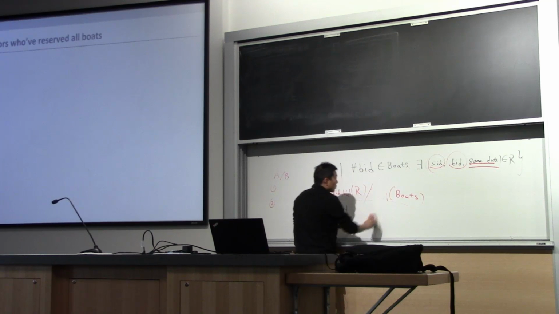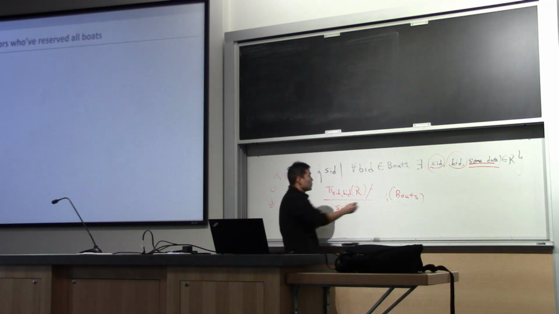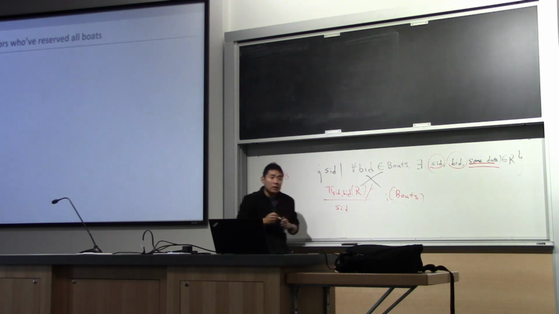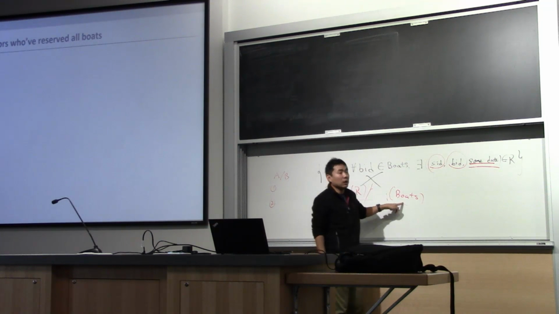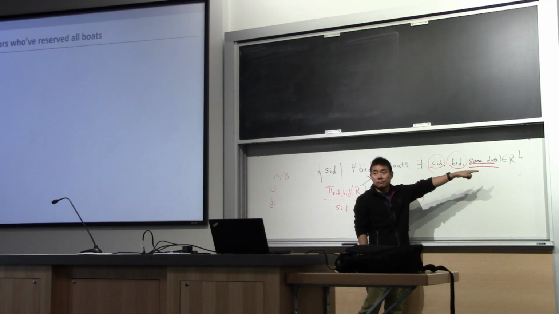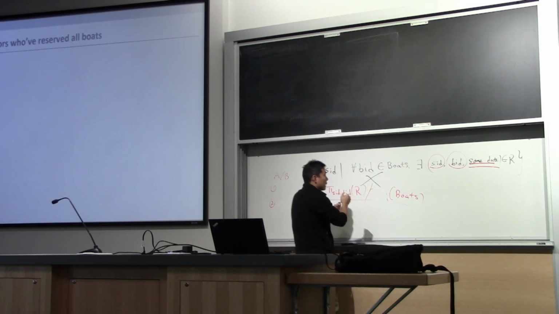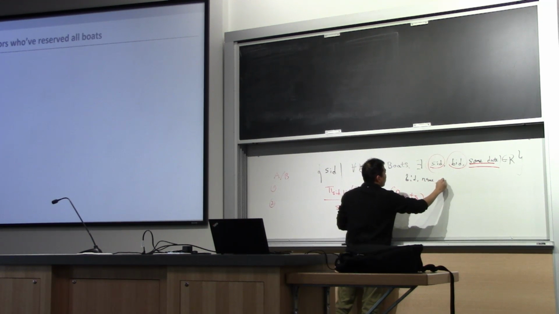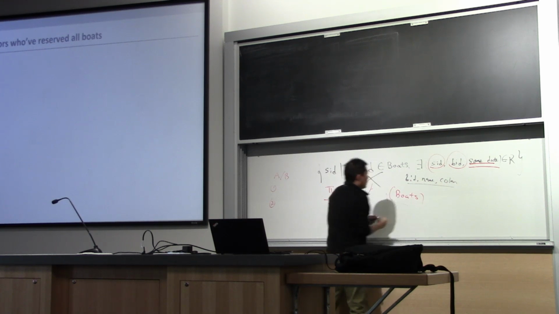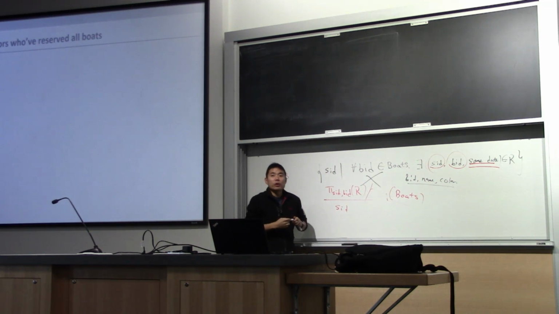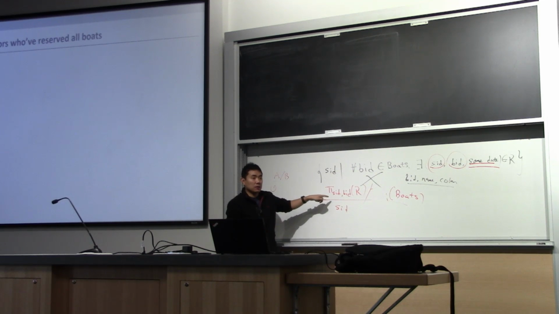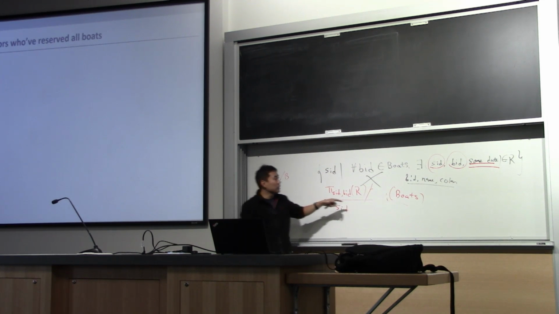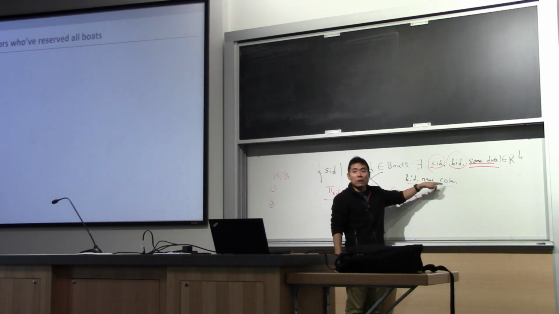You cannot do it the other way. If you take reserve divided by boat, this is wrong. Why? Because the schema of reserve is sailor ID, boat ID, and date. Schema of boat is boat ID, name, and color, right? Both name and color. If you were to do this, what you are saying is you are trying to find those records in reserve that match with each record in boat.